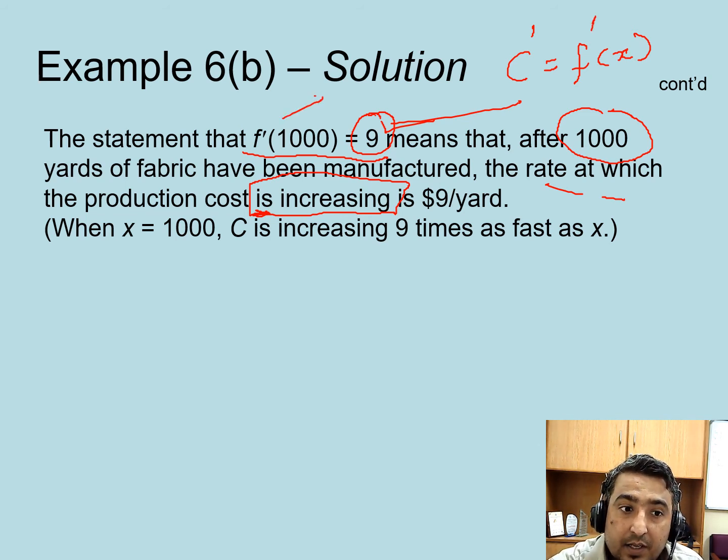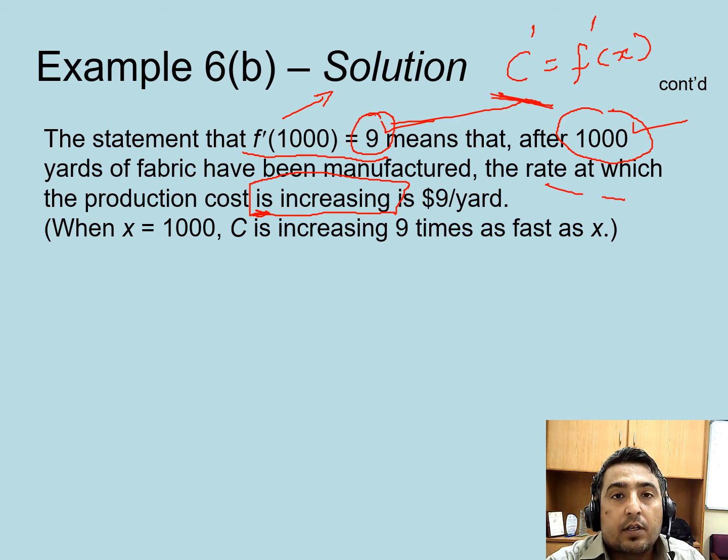So cost is an increasing function: you produce more yards, and your cost is increasing per yard.